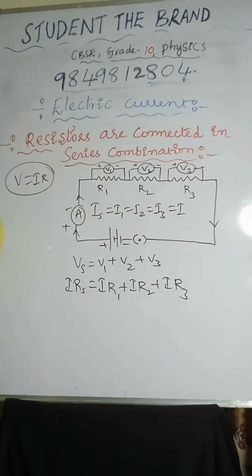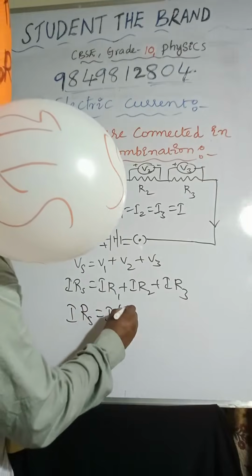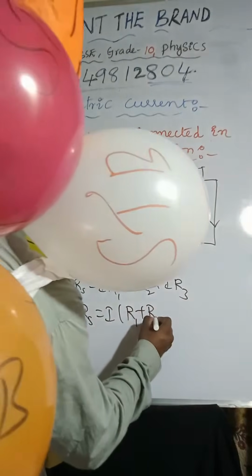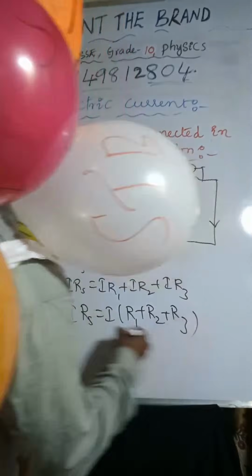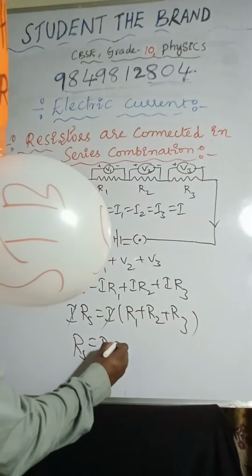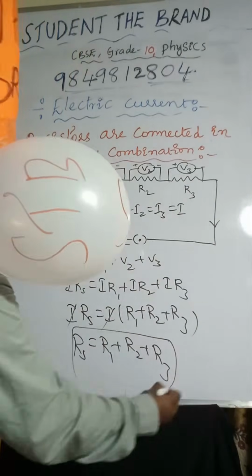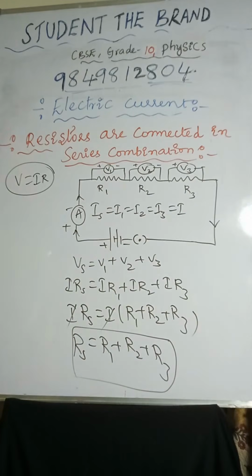Taking I common, Rs equal to I times R1 plus R2 plus R3. I gets cancelled. So Rs equal to R1 plus R2 plus R3. If resistors are connected in series combination, the total resistance is Rs equal to R1 plus R2 plus R3.